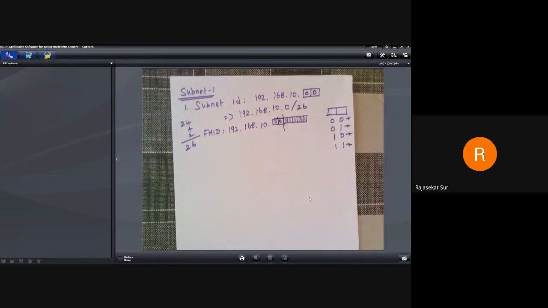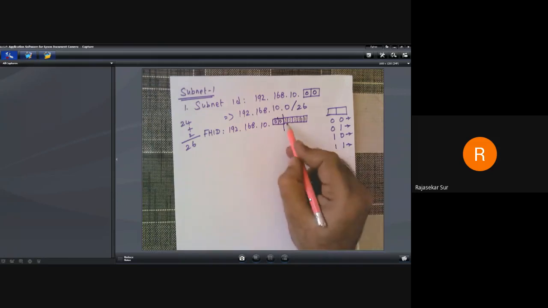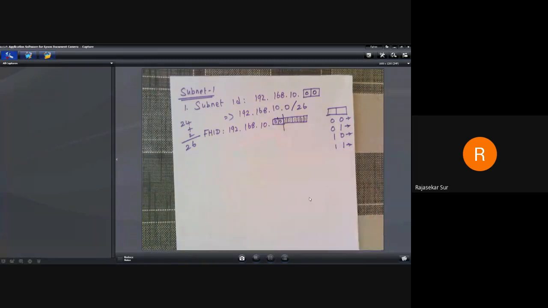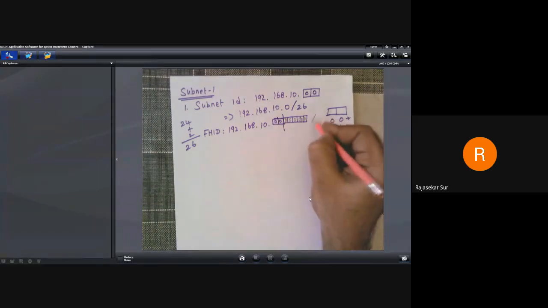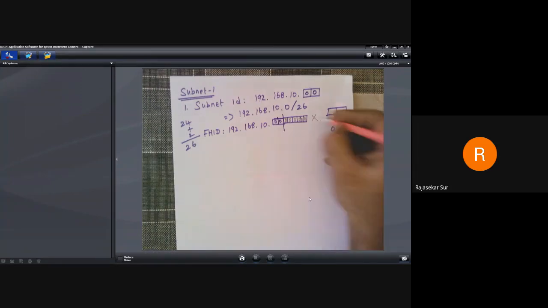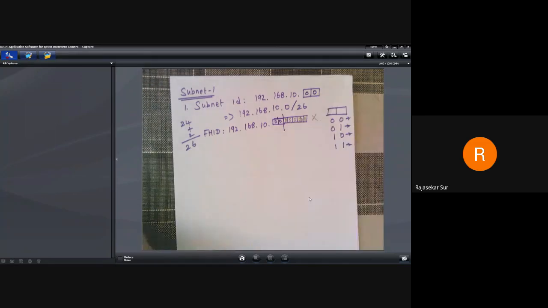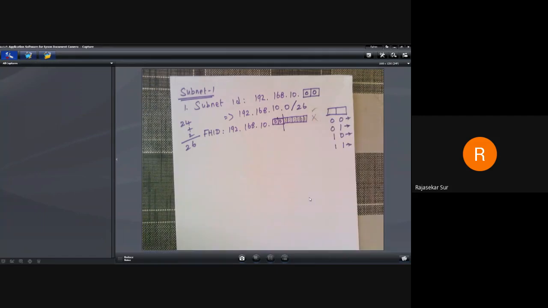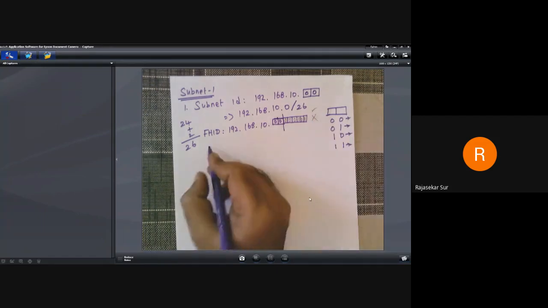I thought I made some mistake, but no, it is correct, 100% correct. Now I'm going for the first host ID.